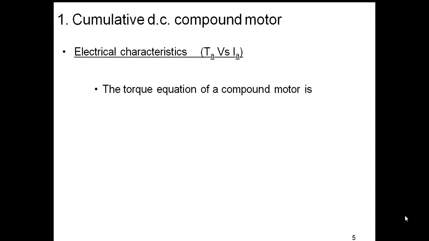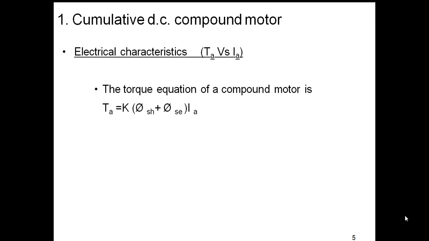But in a DC compound motor, the armature torque equation will be TA is equal to K into (phi SH plus phi SC) into IA.